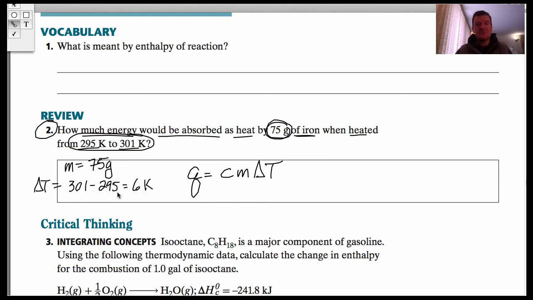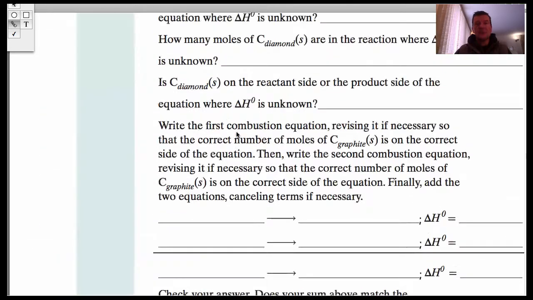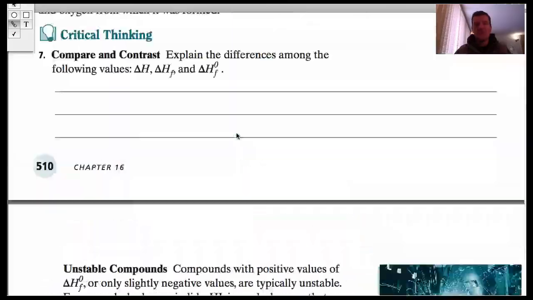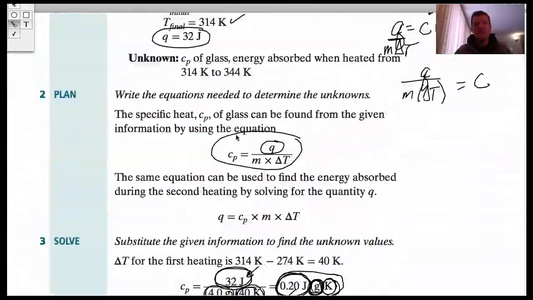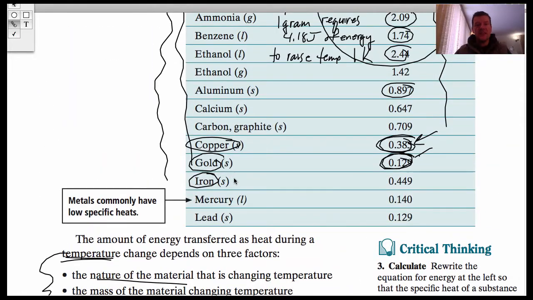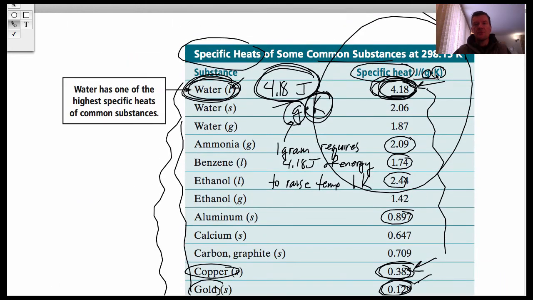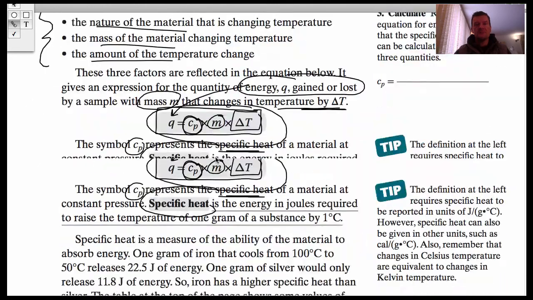6 Kelvin. Now this is iron. So if we look back up at our chart here for the specific heat capacities, iron, I believe, is on that list, and we just are going to take that value right there. Iron is 0.449 joules per gram Kelvin.